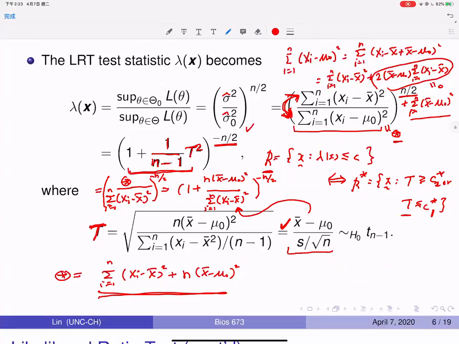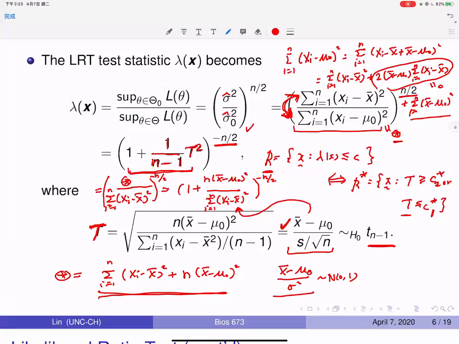Then the reason for doing that is I do know this guy follows t distribution. How do I know that? It's actually not hard to double check, because under the null hypothesis, I do know this guy follows normal 0, 1. Right? This guy follows normal 0, 1 under the null hypothesis. And then divided by what?